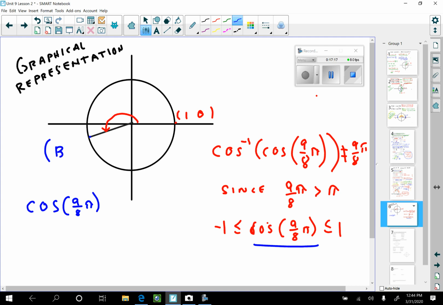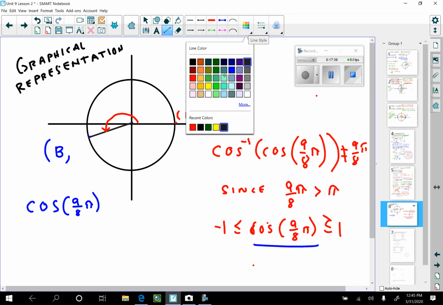Let's call that x value B. And we know this angle here is 9/8 pi. So what I want is an angle that maps to this x value. And I know here that B is negative. B is between -1 and 0. I know that.